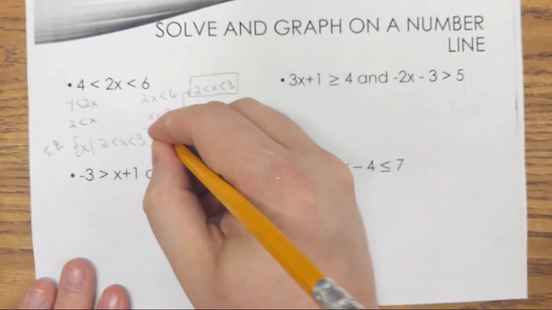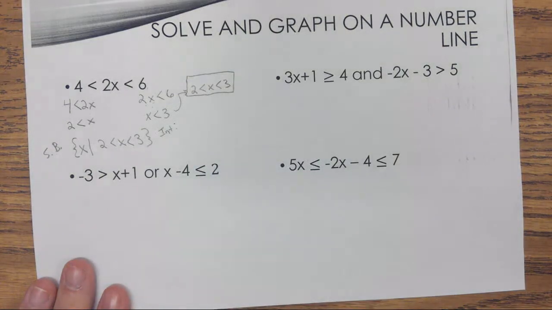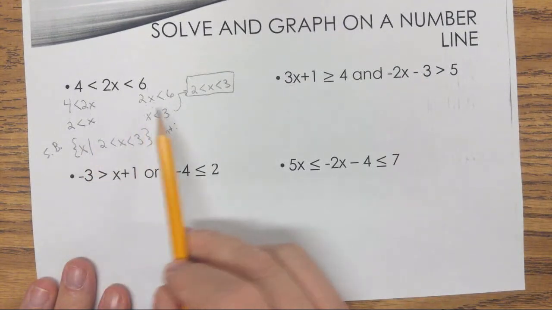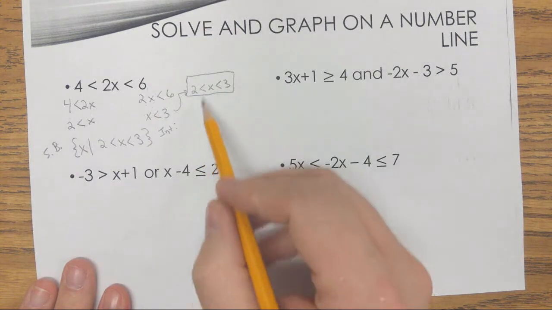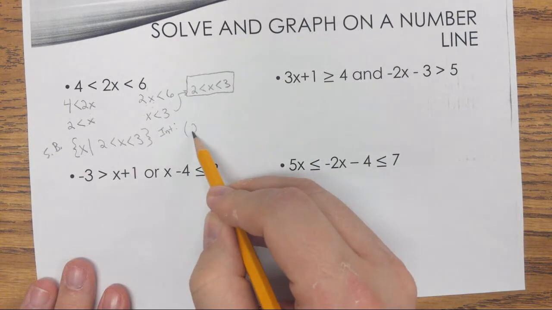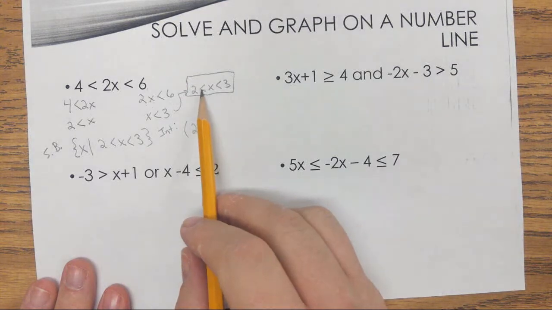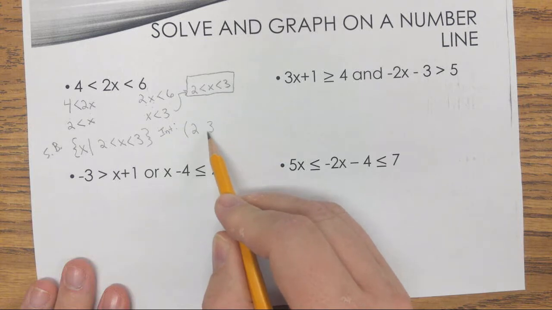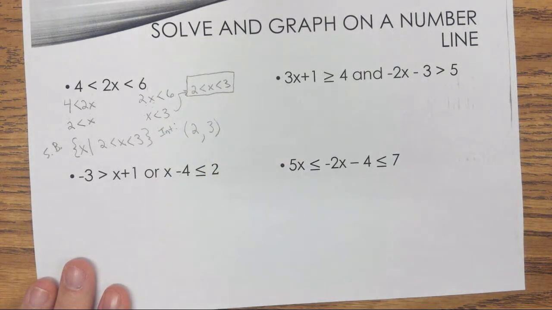Now interval, let's write our solution. The 2 is less than x, and it's not less than or equal to, so we do the parentheses. Then we're going all the way from 2 to 3, so 3 is the top part of that, and we close our parentheses.